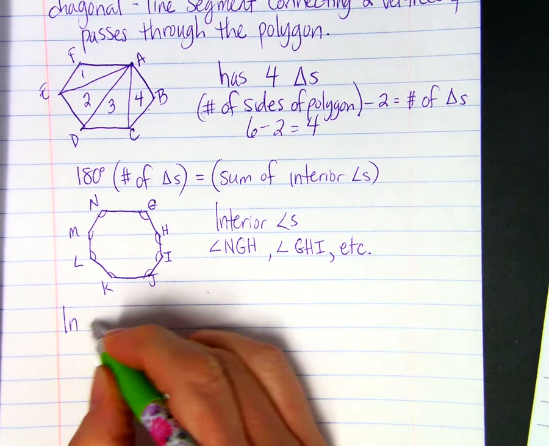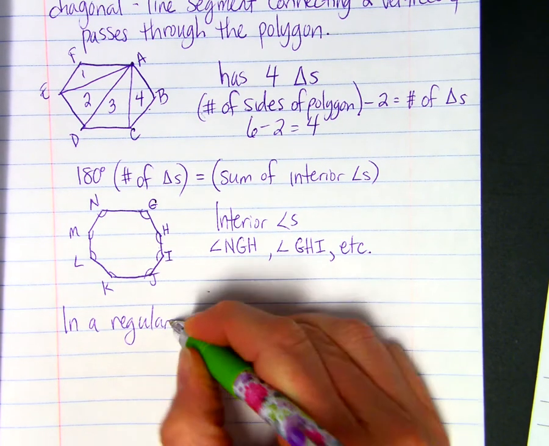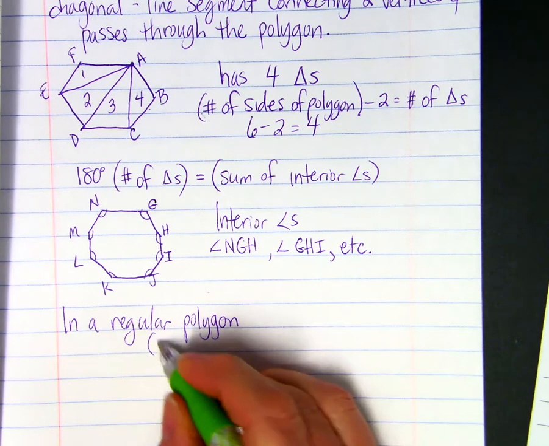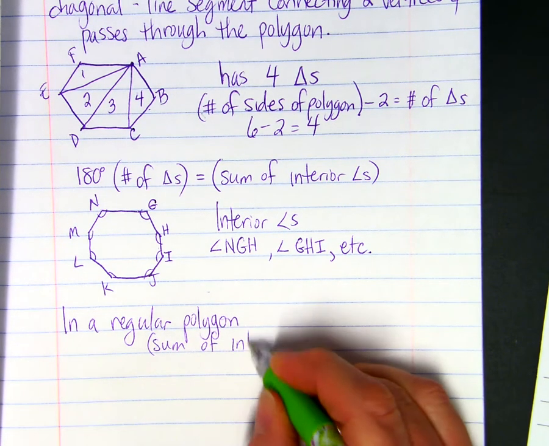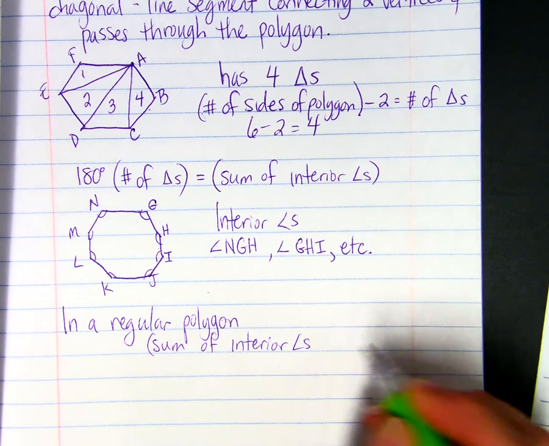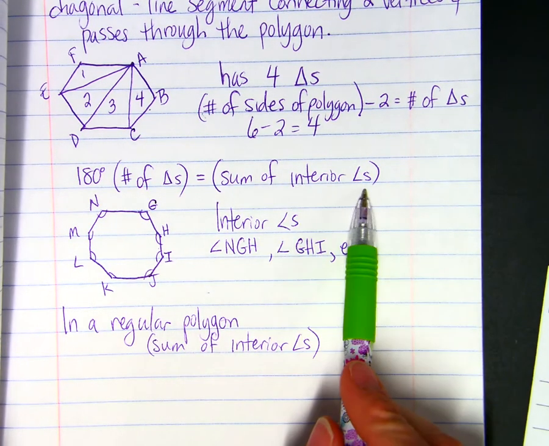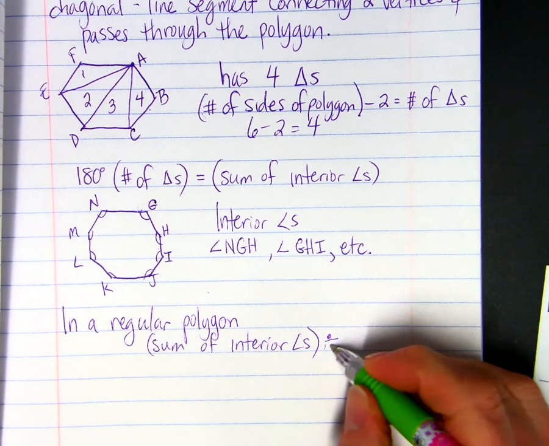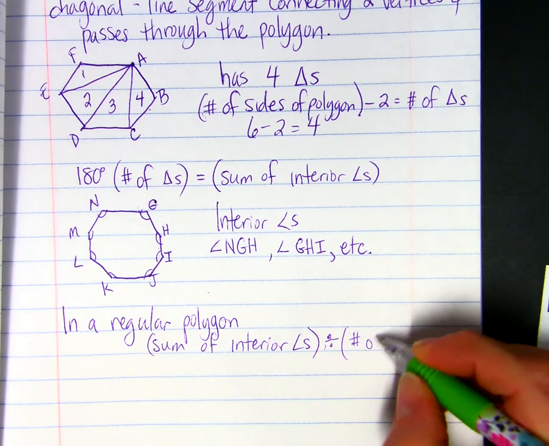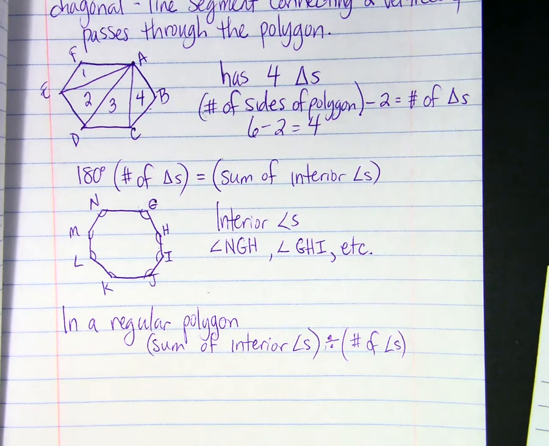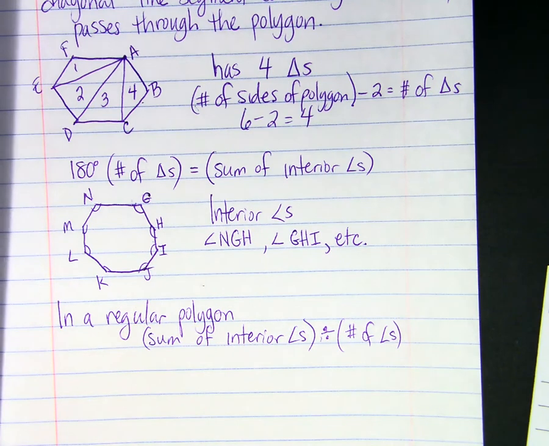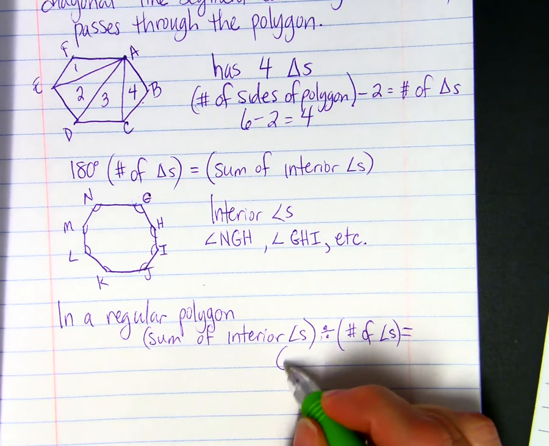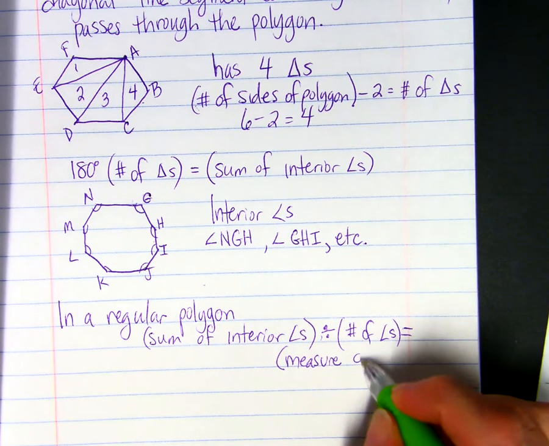So in a regular polygon, if you take the sum of the interior angles, which we told how to find up here, 180 times the number of triangles, divide by the number of angles. In a regular polygon, the number of angles is the same as the number of sides. That's going to equal the measure of each angle.